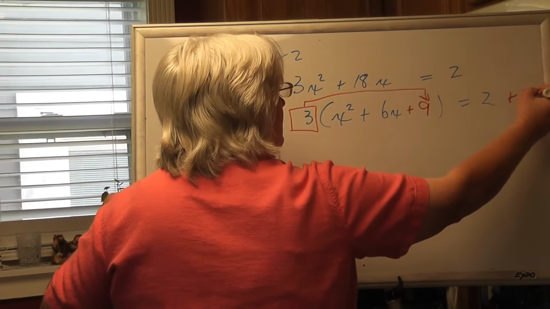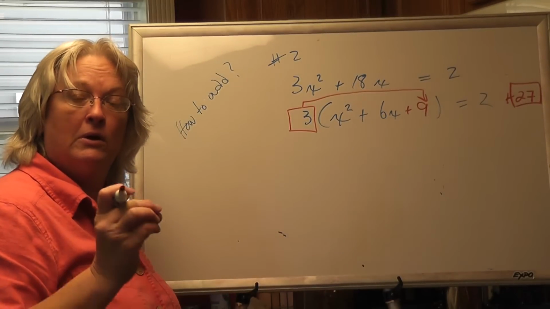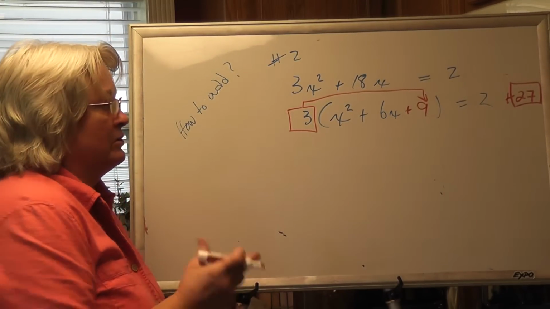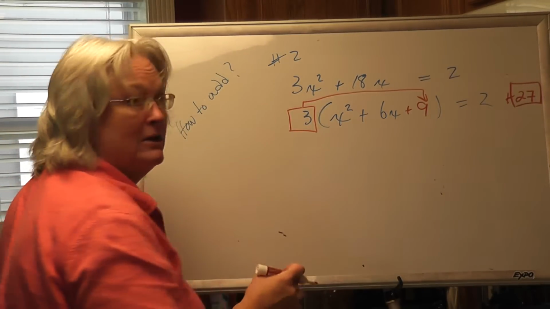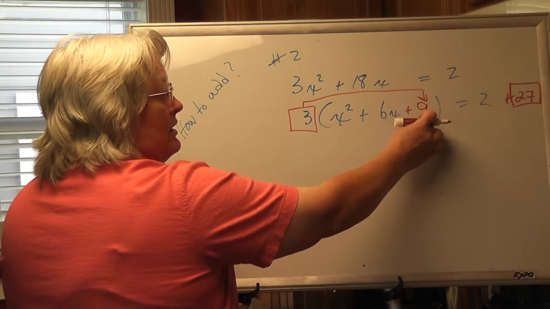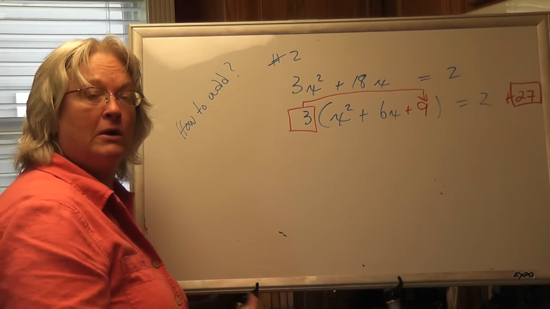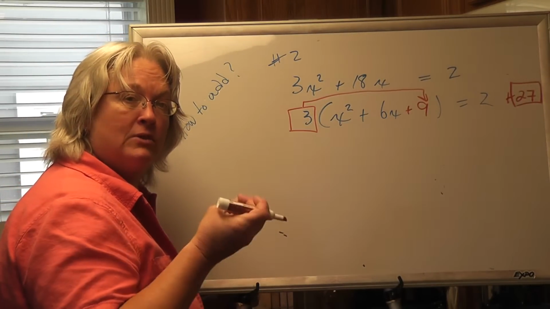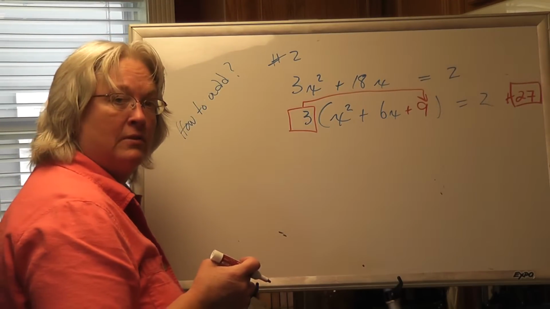So the total number being added to the right-hand side of the equation is actually 27. You're writing it here as a 9, but that's because 3 times 9 is 27. So since you've added 27 to the left-hand side of the equation, you also have to add that to the right-hand side of the equation.